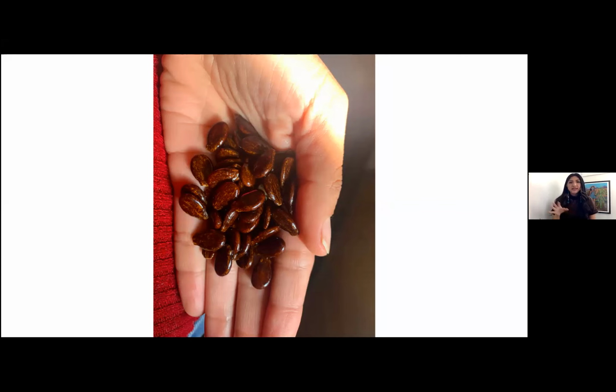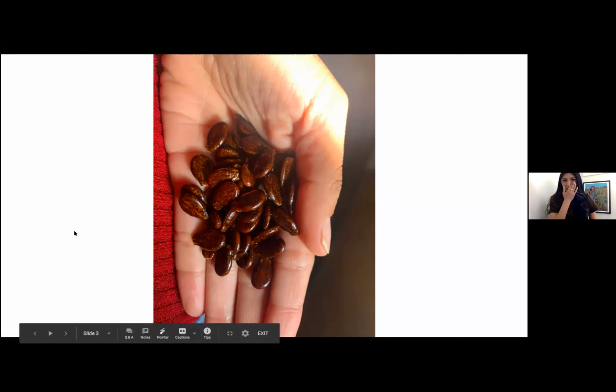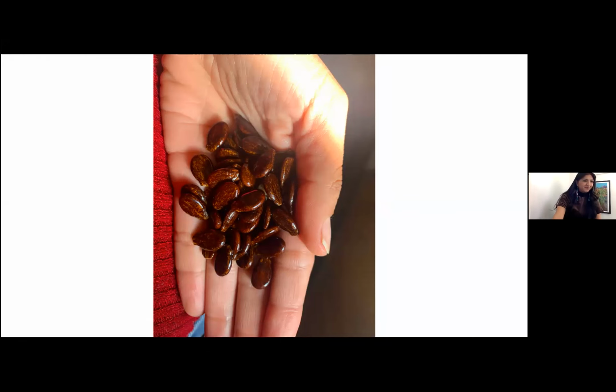So I really did a low scale, thinking of how I can teach these practical knowledges to the young people that I work with, to my family members who are curious about this work. This is an Acoma red watermelon seed that I cleaned the other day. And so, what else can I share practically?